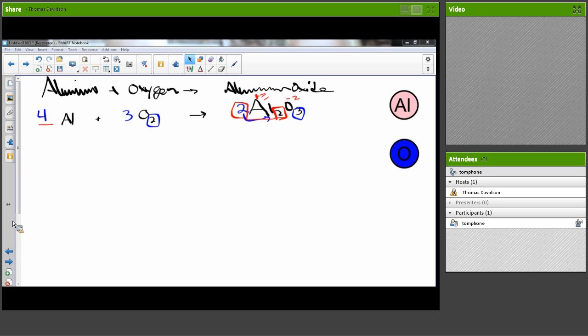Start with the highest coefficient, not in a polyatomic ion, which, oh, you never dropped them. I know, but why write it again? Because I like to be organized. Sorry. Undo. My fault. All right. So there's your highest subscript, right? So you have a 3, you have a 2.